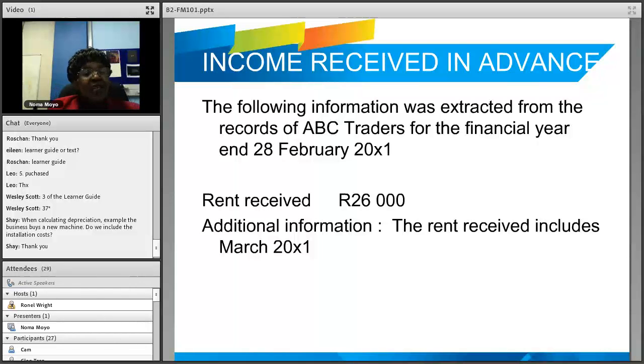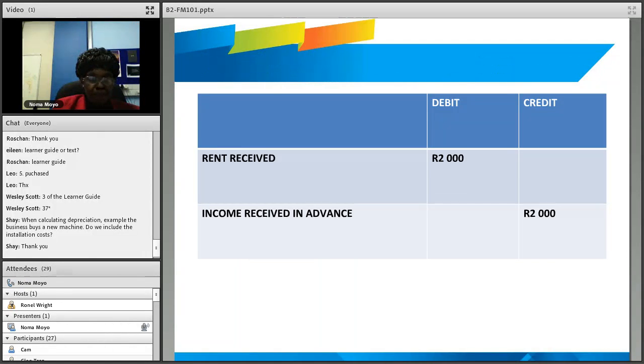So we have to remove the 1 month. How do we know how much it is a month? We say 26,000 divided by the 13 months. So the 2,000 has been received in advance. Ideally, we should have only received 24,000, which is 2,000 per month.